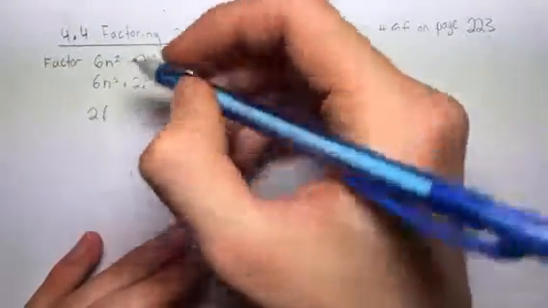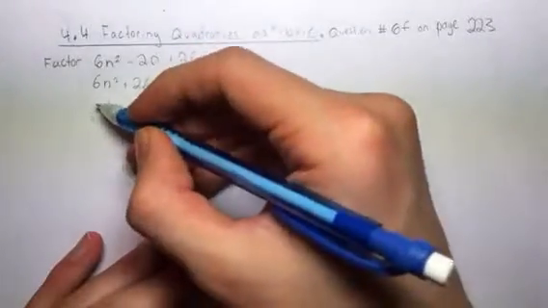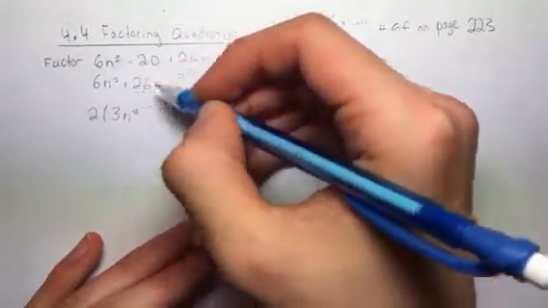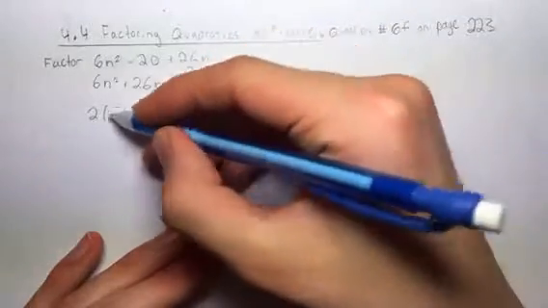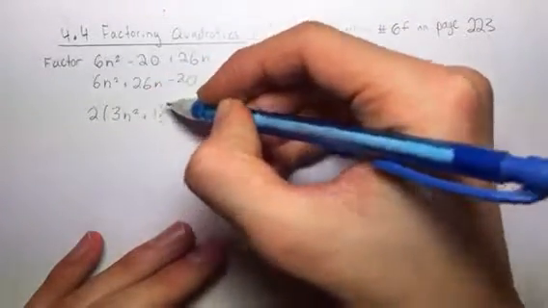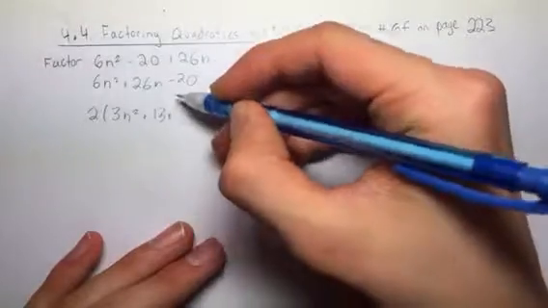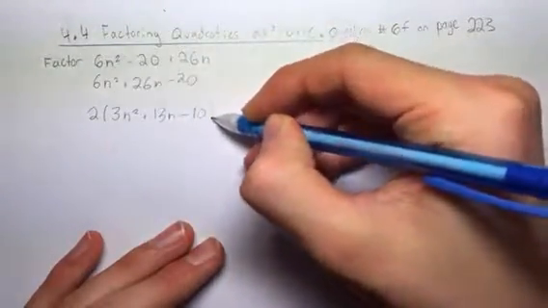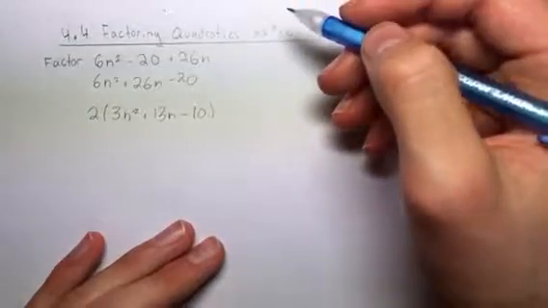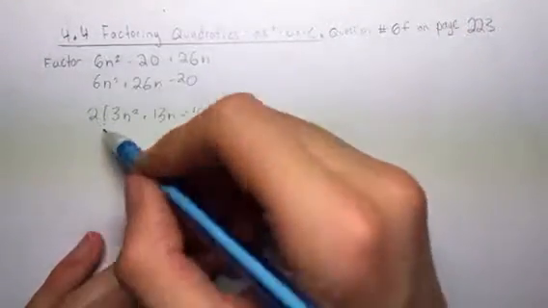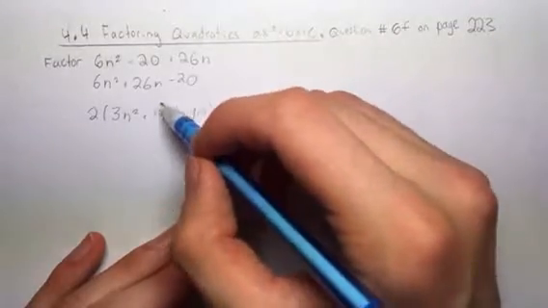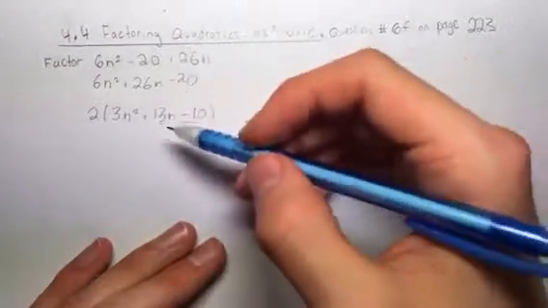So 2, and then 2 times 3n² equals 6n², plus 2 times 13n equals 26n, and negative 10.